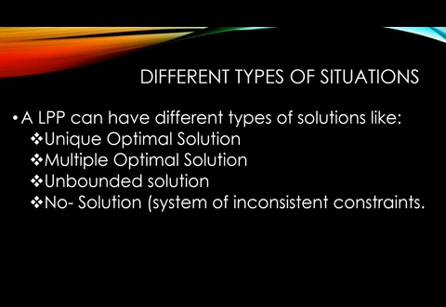But here I am not getting that orange region. That situation arises because the system of constraints that I have is inconsistent. This no solution type is also called a system of inconsistent constraints. We will have a look at that with an example too.